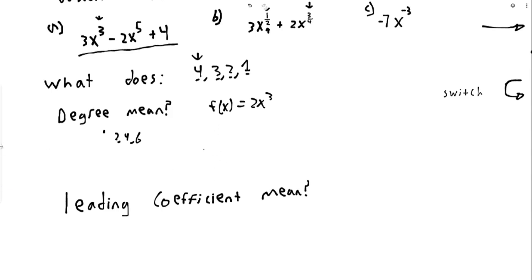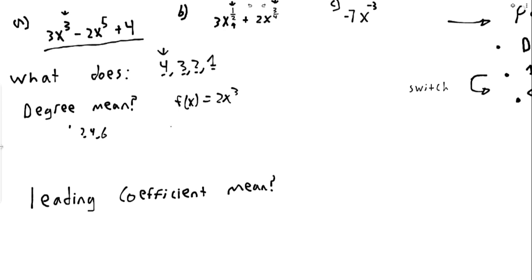So let's write in a formula here. Number of turning points, I'm just going to say number of TP, plus 1 equals minimum degree number.